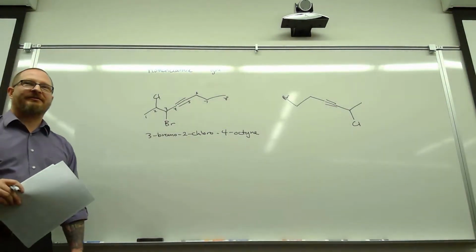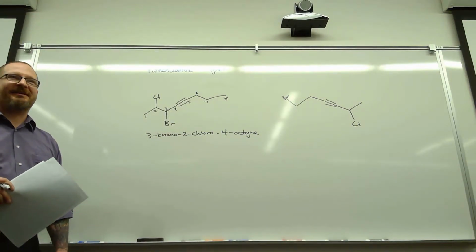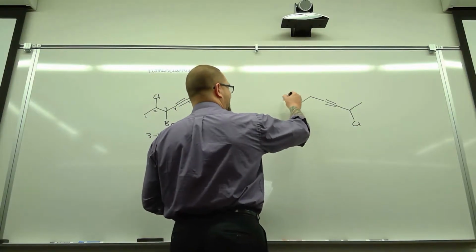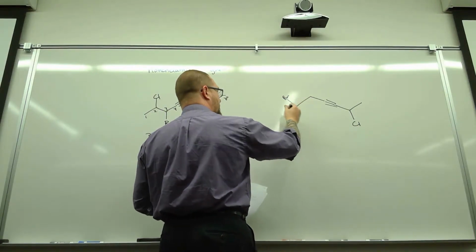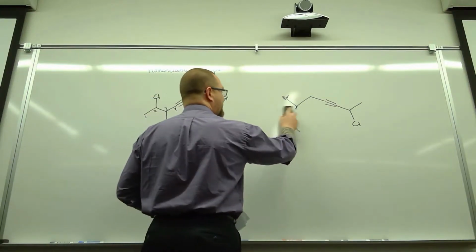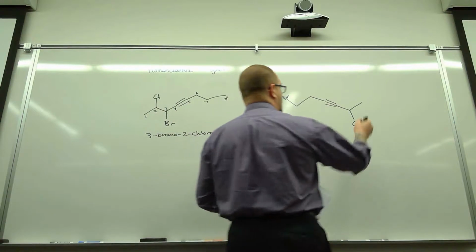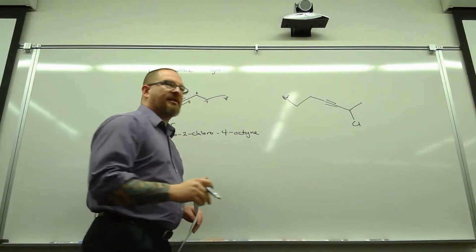Votes for 7? Votes for 6? Okay, excellent. Because this is a bromine, this is your last carbon, and what's implied are your 2 hydrogens that you don't have to show because we're drawing it as a skeletal structure. So we've got 1, 2, 3, 4, 5, 6 carbons. So this is going to be hexyne.